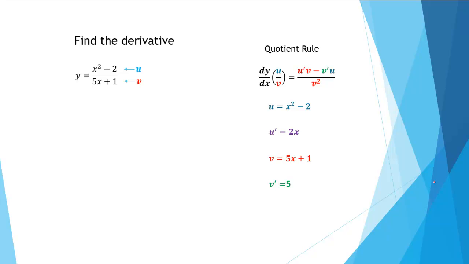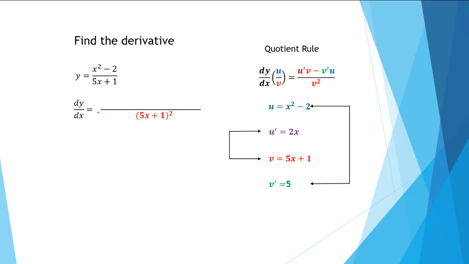Now we'll apply the quotient rule. We'll multiply u prime times v minus v prime times u, all divided by v squared. So the first thing we'll do is we'll write out the denominator squared. So we'll write out 5x plus 1. We'll encapsulate that with a set of parentheses. We'll square it.